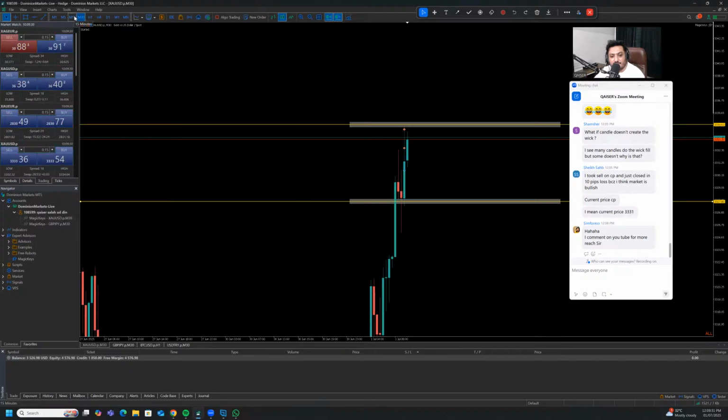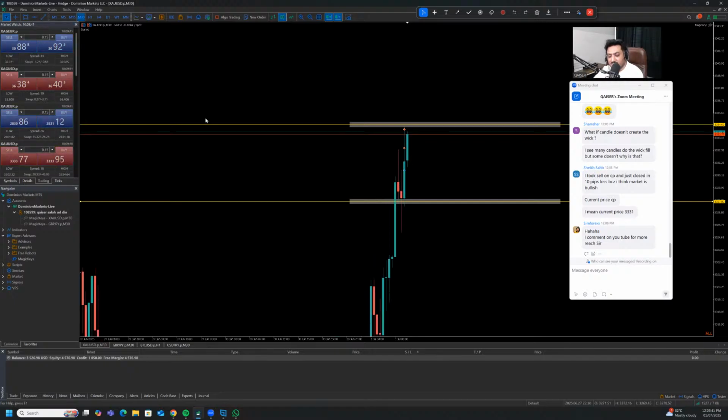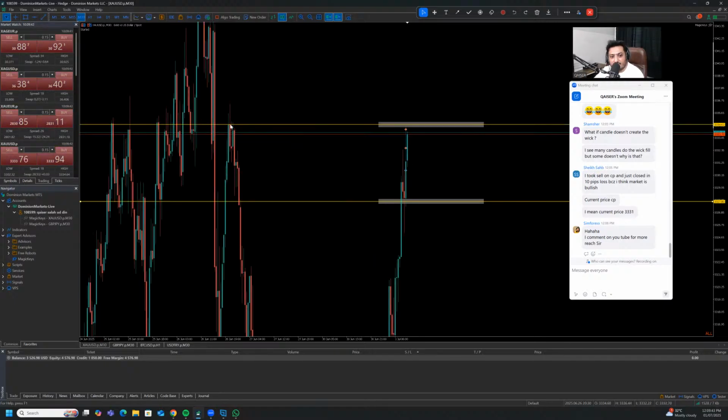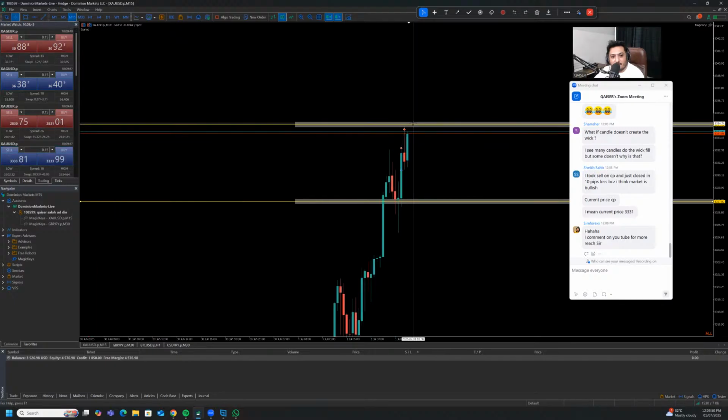Now in this situation, the situation has changed. Before, where I executed, it was nearby the support area. In this situation, I know that there's a resistance on the left hand side. So I would like to see at least a 50-minute candle close above the resistance to continue pushing upside.